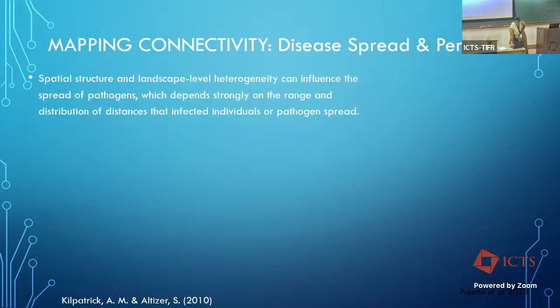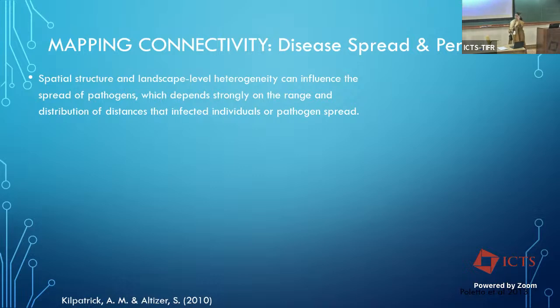Now we can also look at how to map connectivity. So disease spread and persistence is an important area of research. In a GIS, you can look at how spatial structure and landscape level heterogeneity can influence the spread of pathogens, which in turn depends strongly on what's called a dispersal kernel. Have you all heard that term, a dispersal kernel?